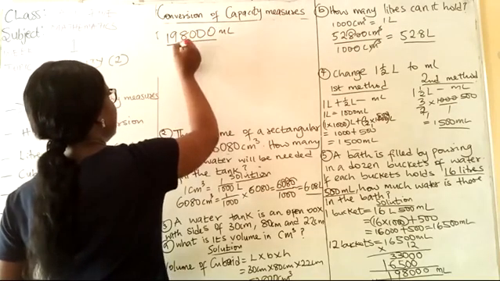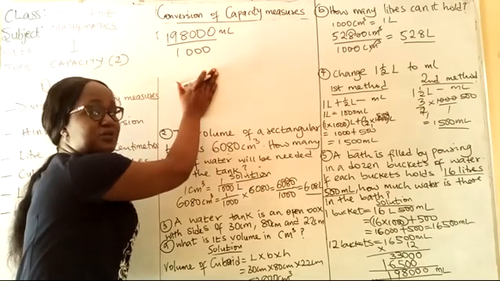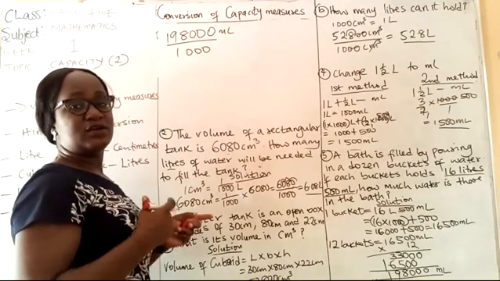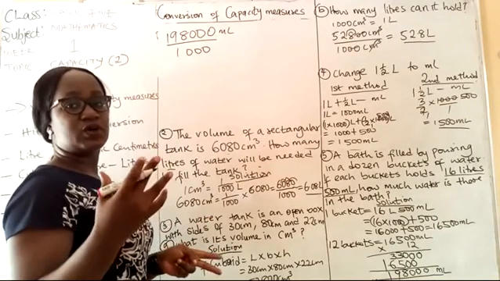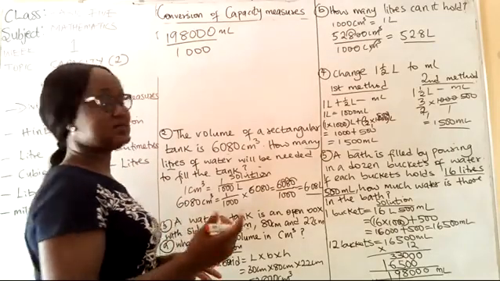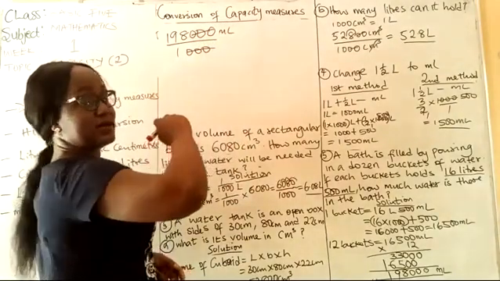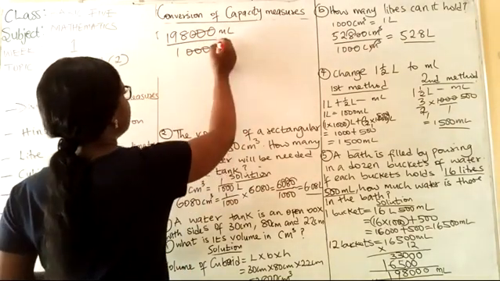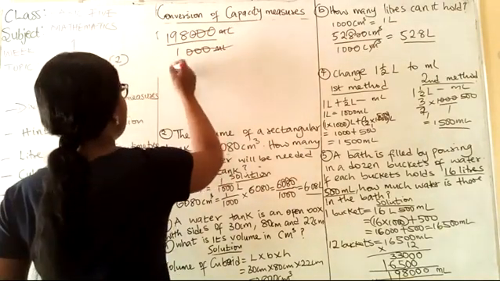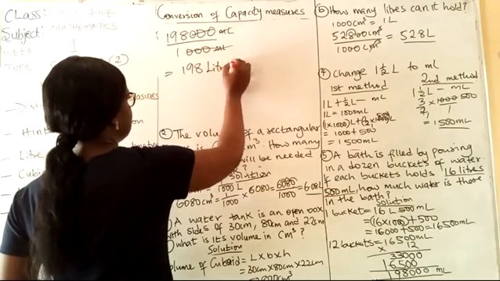We are going to divide with 1000. You know the reason why we're dividing with 1000, right? We are converting to a higher unit, and 1000 milliliters will be giving us 1 liter, and you're converting to liter, so you divide with 1000. So these 3 zeros will take away these 3. Is that okay with you? Because this is milliliter, it will still cancel out, right? So what we have left is 198, and the unit is liters.